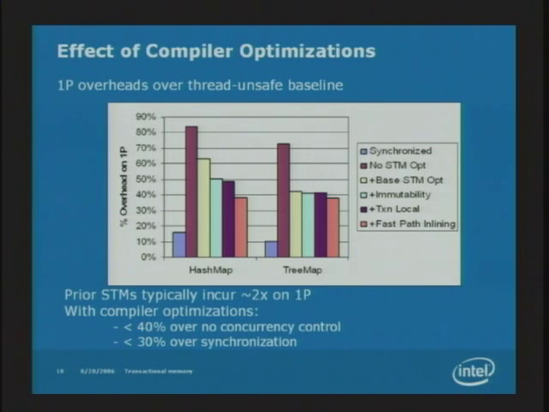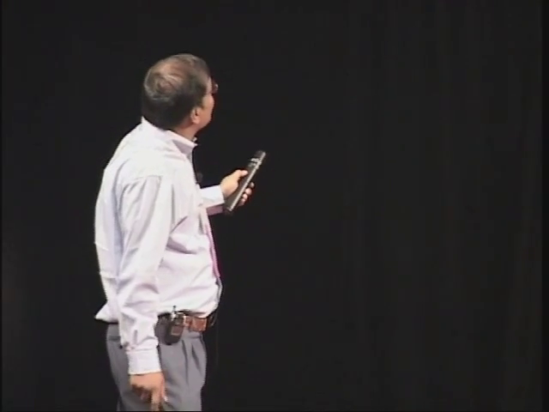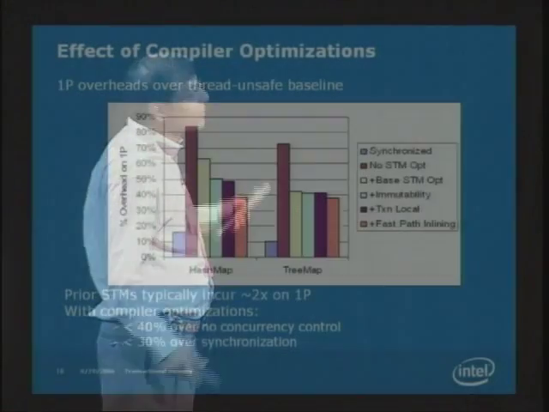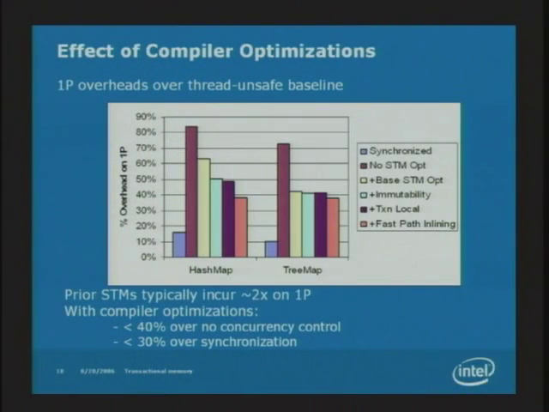So if you start off with the base STM, the blue one here is the locking code. Okay, so this is the thing that we are trying to compete against when it comes to single thread performance. And if you look at just the basic STM without throwing in any of the compiler optimizations, then you could end up with about 70 to 80% extra overhead. But then once we add in all of these optimizations, so doing redundancy elimination over here, then detecting whether one particular object is immutable, if that's the case, you just get rid of any logging.